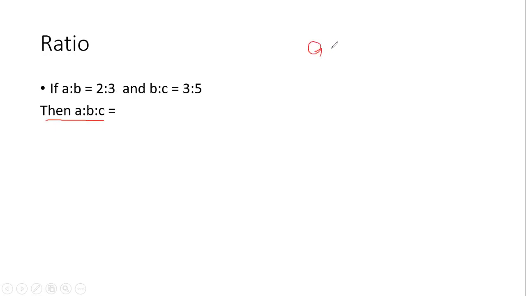Now it's actually a simpler version because I know A is to B is 2:3 and B is to C is 3:5. So I realize the variable that is common, that is B. Now the value of B in both the ratios is the same. So it does not trouble me and I can directly say A is to B is to C directly becomes 2:3:5.